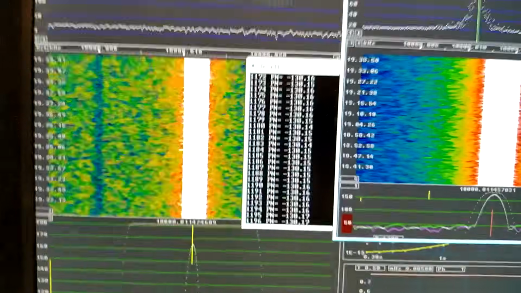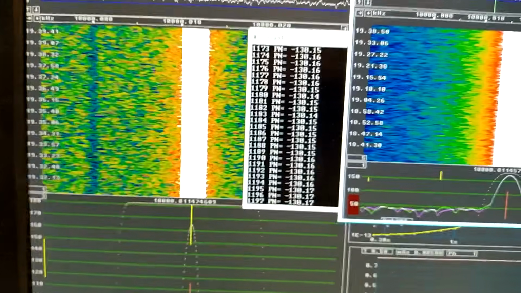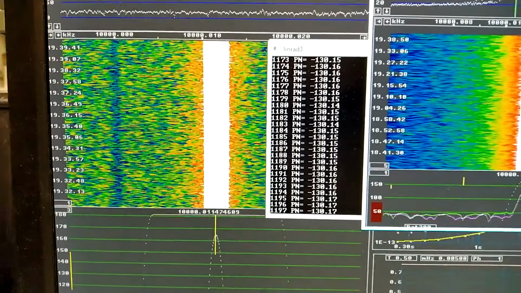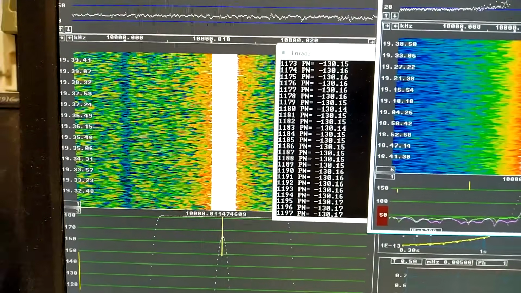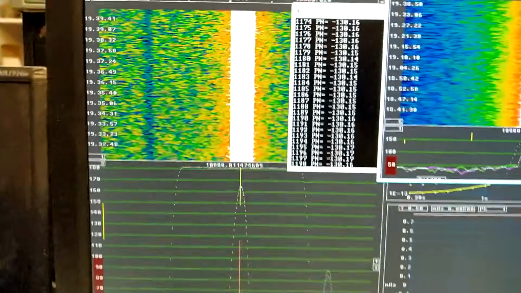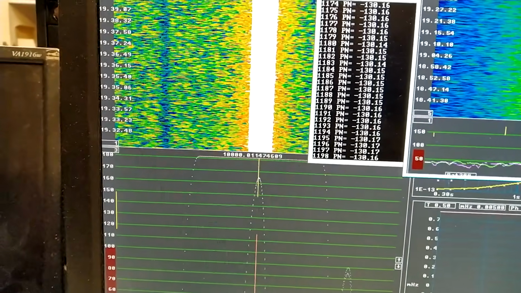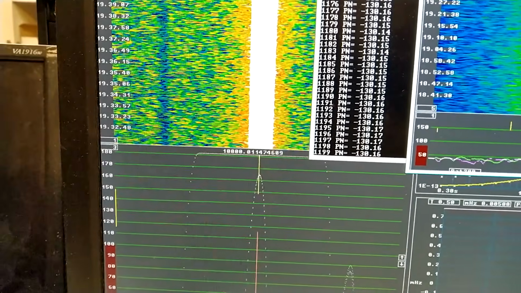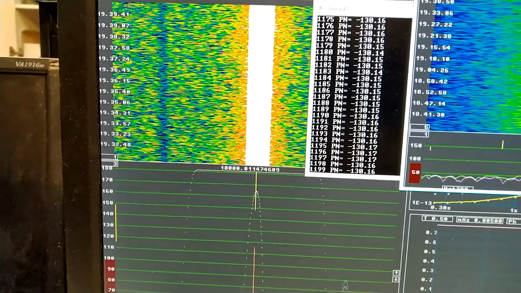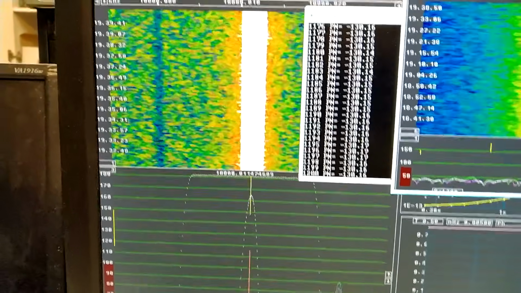I have set the crystal current to 0.88 milliamps. That gives about 1 decibel more power through the crystals than I had with 0.77 milliamps. And the average phase noise now is minus 130.17. I had minus 130.23.